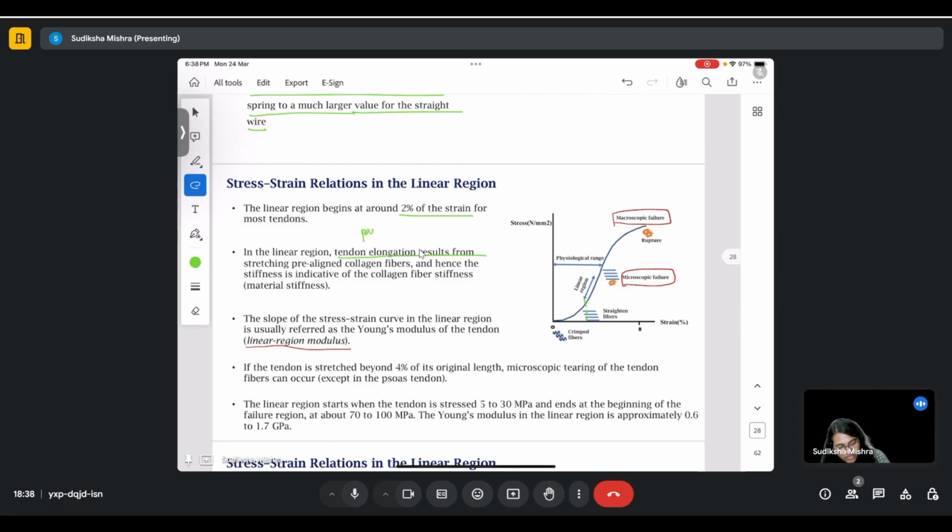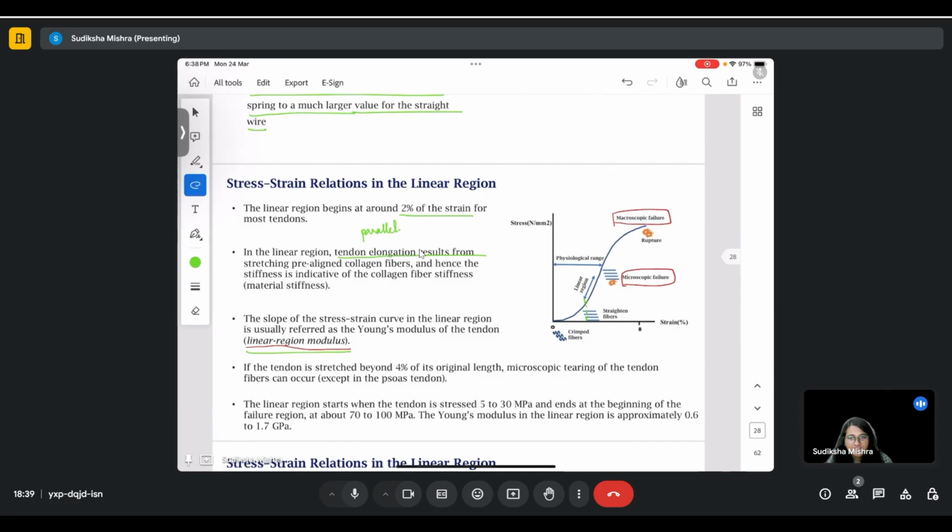These fibers are parallel, and therefore the stiffness is indicative of the collagen fiber stiffness, or the inherent material stiffness. In the linear region, the slope, not a tangential slope, rather the slope of the linear region, is called the linear region modulus.